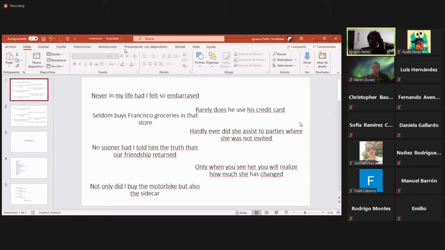How would you write an affirmation in English? What's the order you have to follow for a sentence? What's the first thing you will put in a sentence? Subject. The subject. Then?